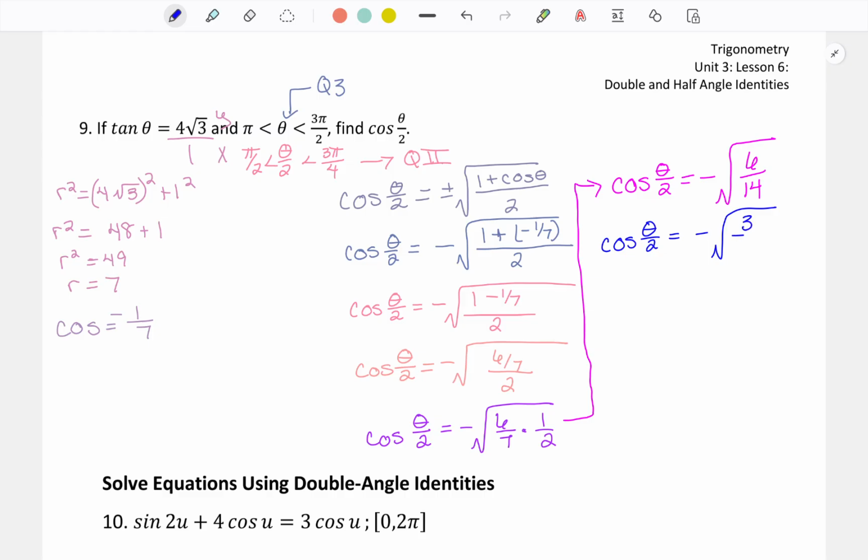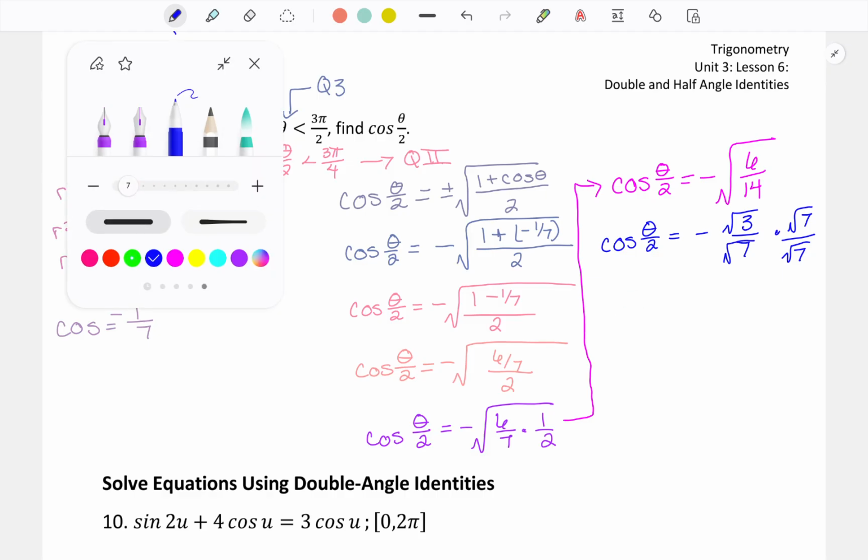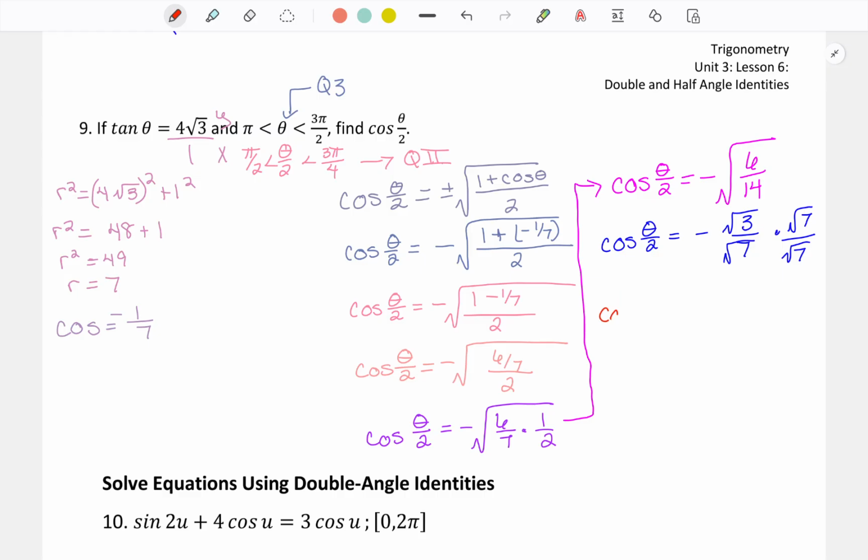So we got 3 over 7. So we're going to have to multiply by the square root of 7 over the square root of 7, because this is technically square root of 3 over square root of 7. And so our cosine of theta over 2 equals a negative square root of 21 over 7.